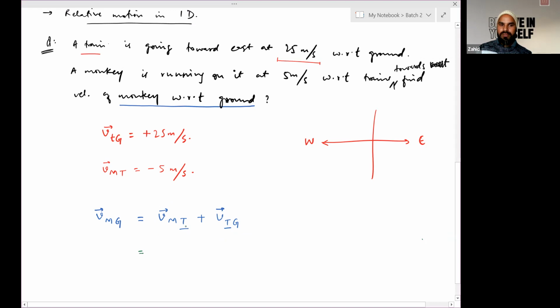Velocity of monkey with respect to train is -5, and velocity of train with respect to ground is +25, so it will be 20 meters per second. And since it is positive, it will be observed that the monkey is going towards east at 20 meters per second.